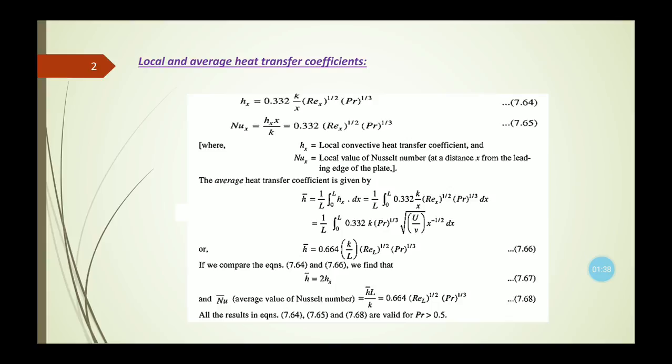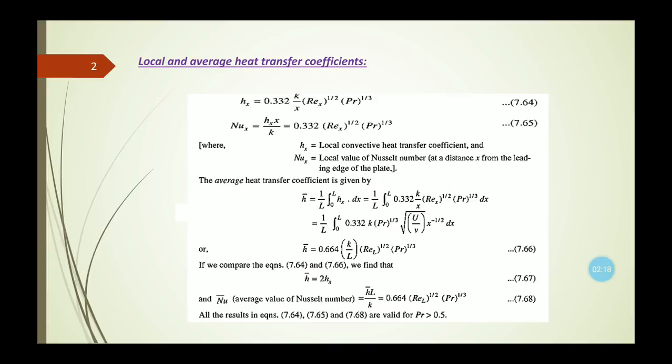Now if we try to find the average heat transfer coefficient, that is H bar, then the formula for this average heat transfer coefficient is equal to 1 by L integration 0 to L Hx dx. Here, if we put the value of Hx from equation number 7.64, then after doing the integration within the limit 0 to L, we will get the value of H bar, or in some cases this average heat transfer coefficient is also represented as HL.